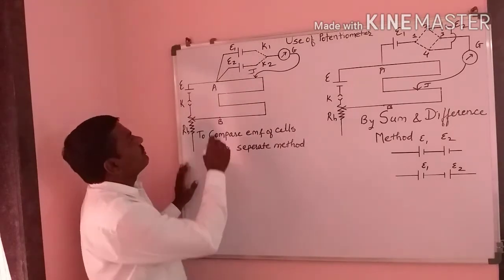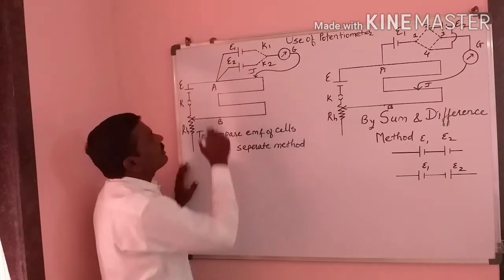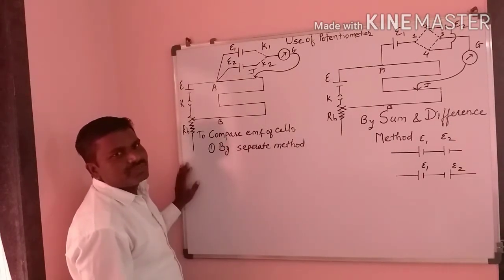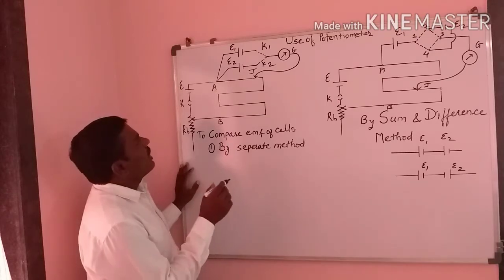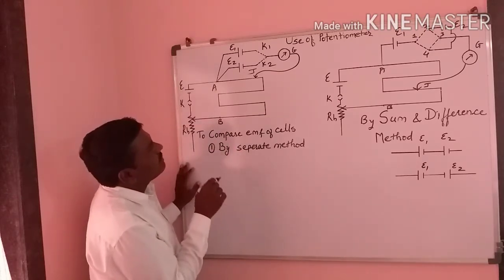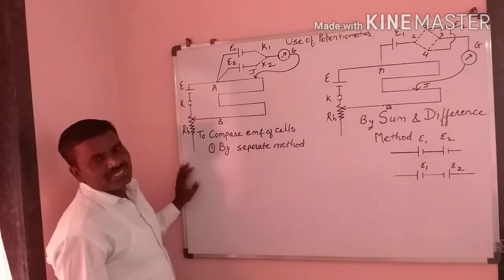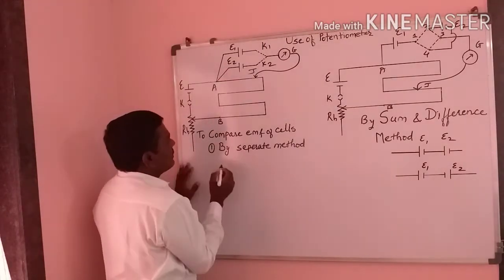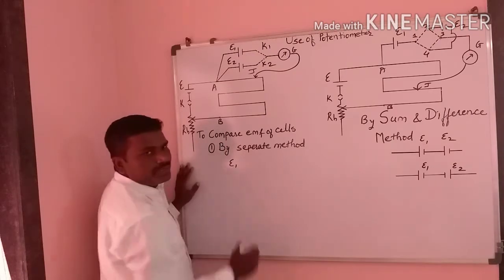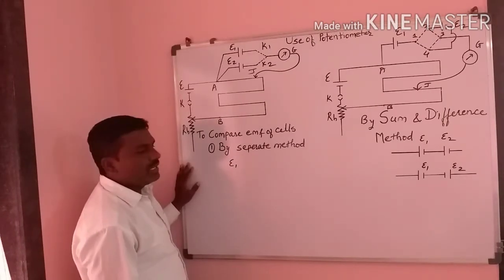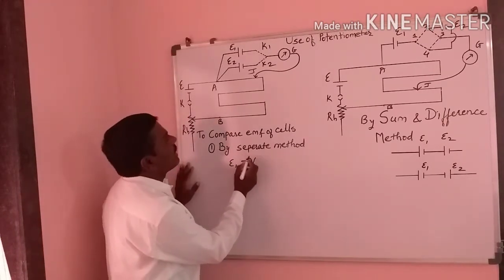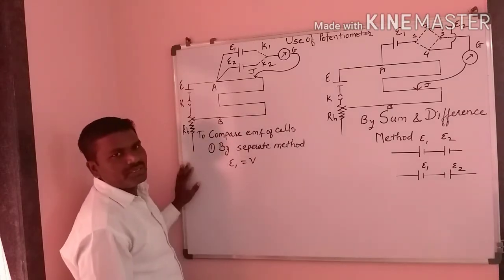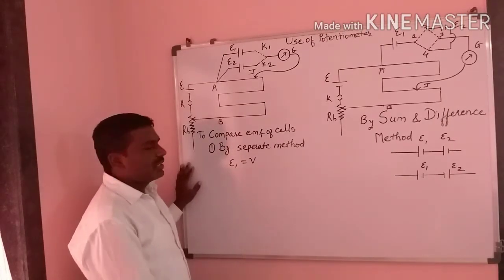When we find the null point on the potentiometer, that means we find the point where there is null deflection in the galvanometer. Then we can say that E1 is in the circuit, and the EMF of cell E1 is equal to the potential of the potentiometer wire.